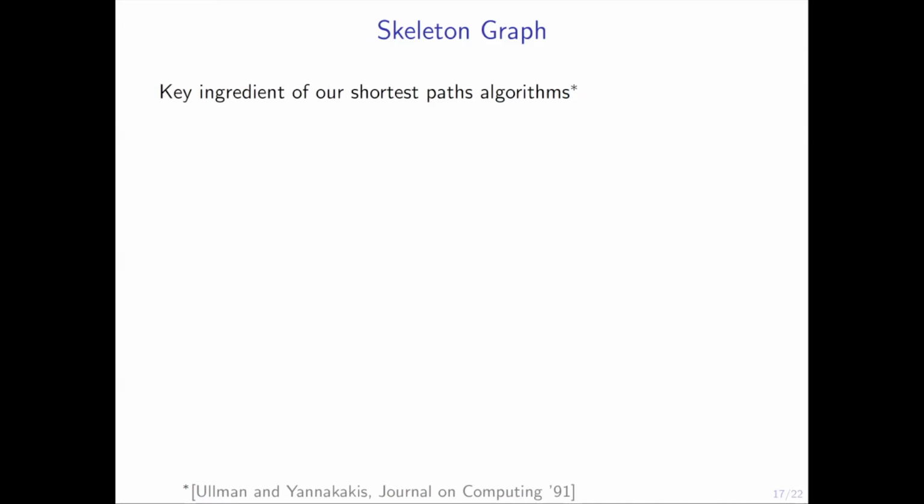Okay, next I want to introduce another ingredient which we will use throughout the following slides. This concept is called skeleton graphs and was first used by Ullman and Yannakakis in the context of the PRAM model.